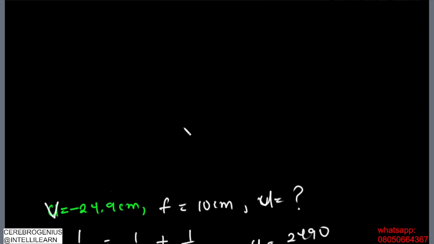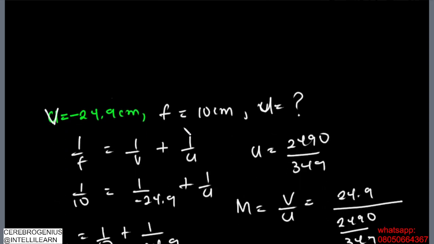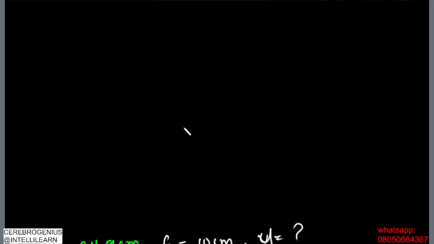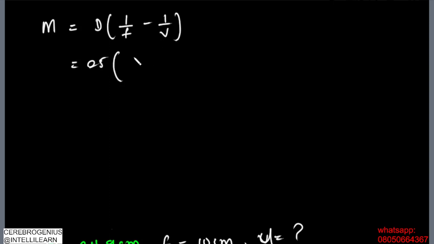Now if you did it normally, because it's supposed to be functioning as a microscope, right? So we are supposed to have it that the magnification is going to be D times 1/f minus 1/v. So this is going to be 25 times 1/f minus 1/24.9, but this will be minus, so it will become positive, right?